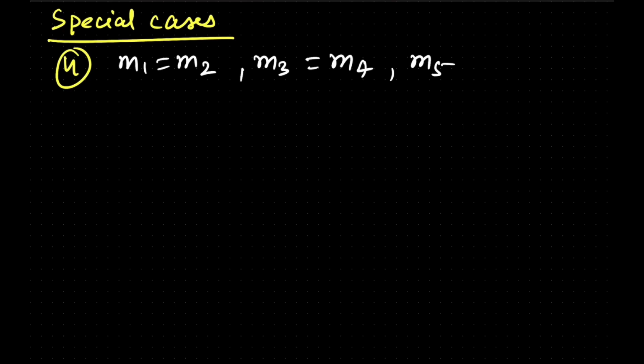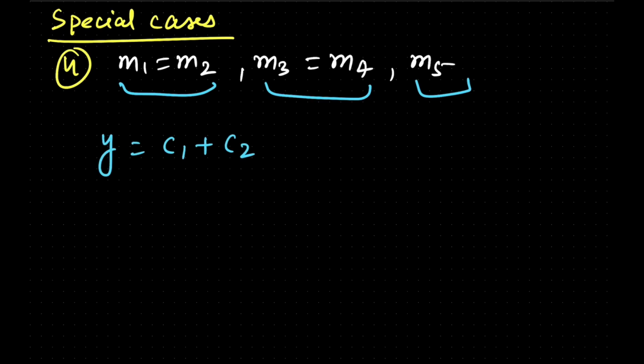Just one last special case is, what if 2 roots are equal, then 2 other roots are equal and 1 root is different. In that case, we know that in case of 2 roots equal, we get y is equal to c1 plus c2 x into e to the power of m1x.